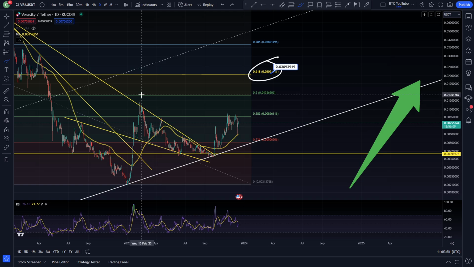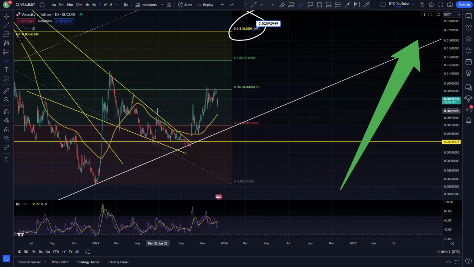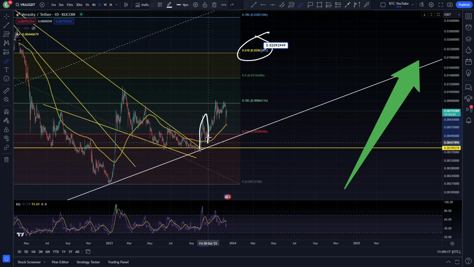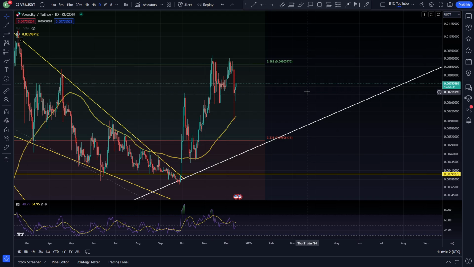It had a massive instant pump, and then people took profits at around 1 cent there. We came down, consolidated, and back tested a large amount of this market structure. We didn't even get anywhere close back to that low. We got down to just under a quarter of a cent, and then came the breakout of the resistance that we'd formed here for the year, and the back test of the 100-day moving average.